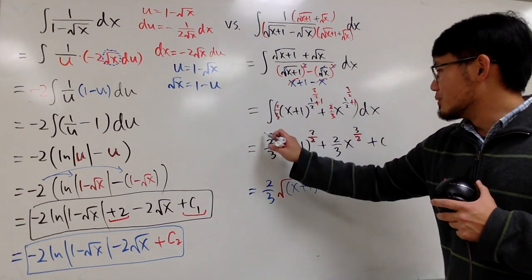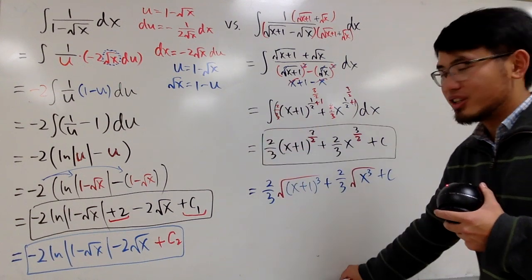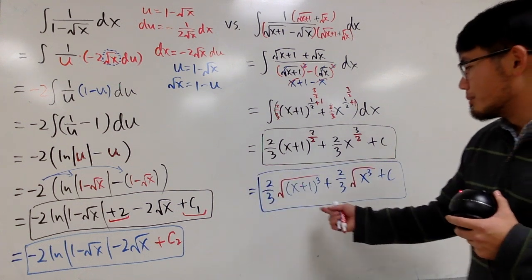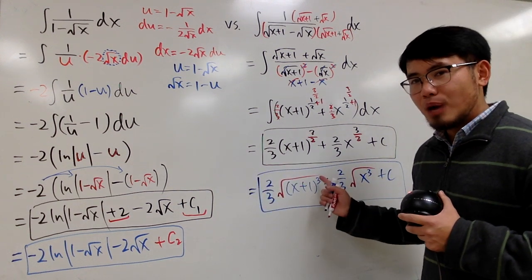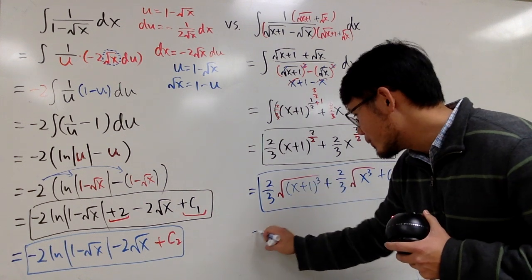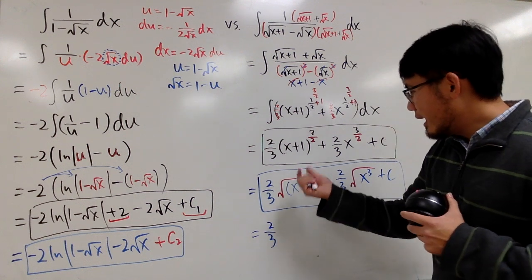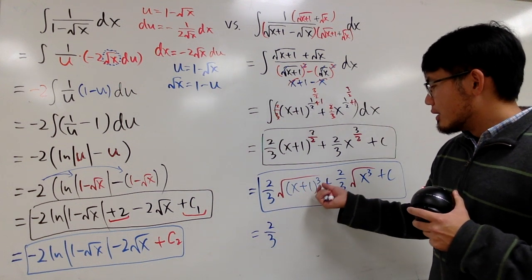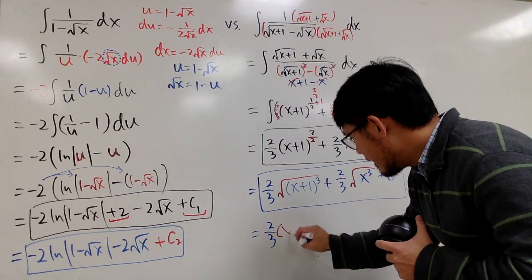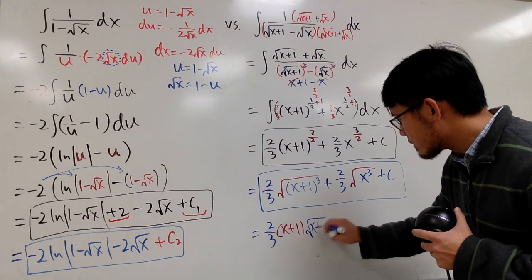So anyway, up to you. This right here, they are all legitimate. And perhaps some people will be noticing that, hey, you have more power in the square root, so you should factor something out. Yes, if you want to do that, then this right here is 2/3. You take x plus 1 to the 2nd power in the square root out, which is x plus 1 to the 1st power out, and then you have the square root of x plus 1.